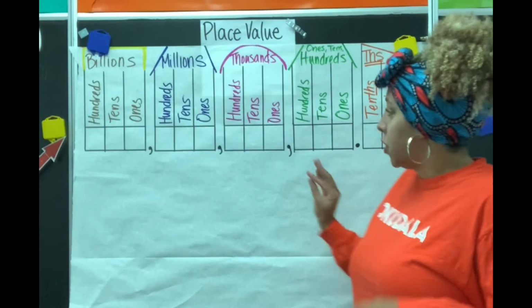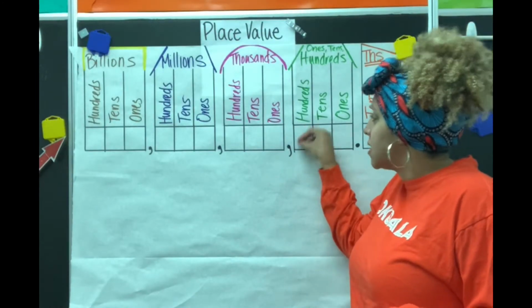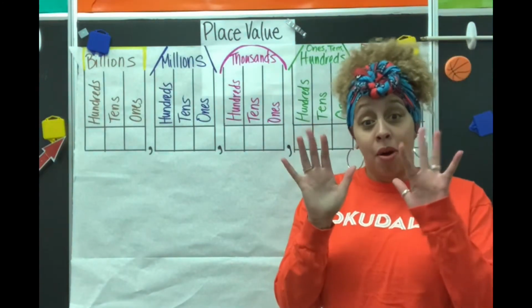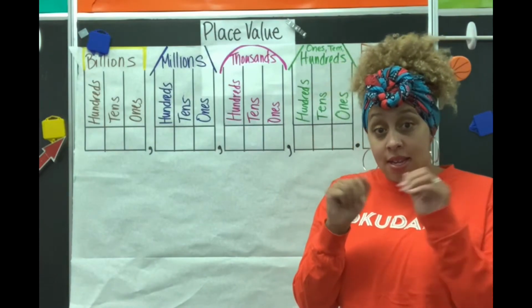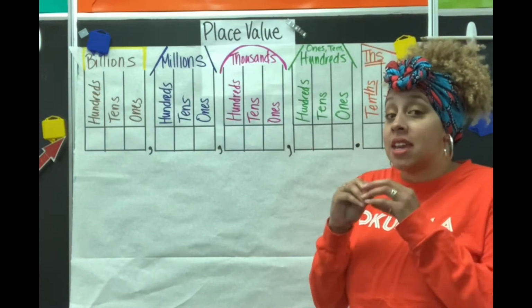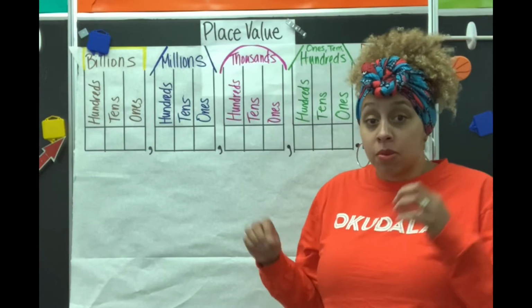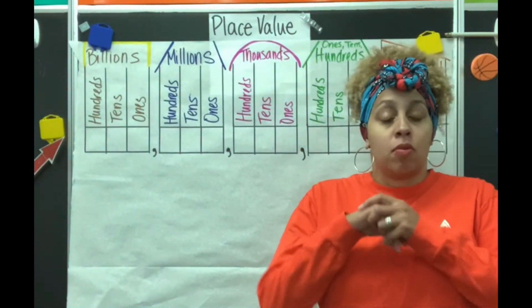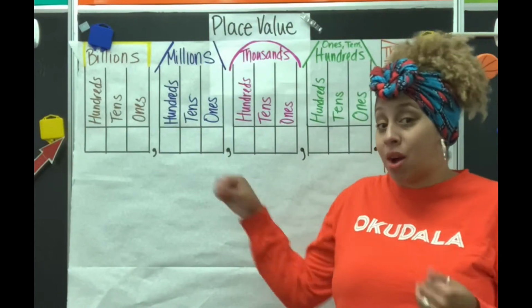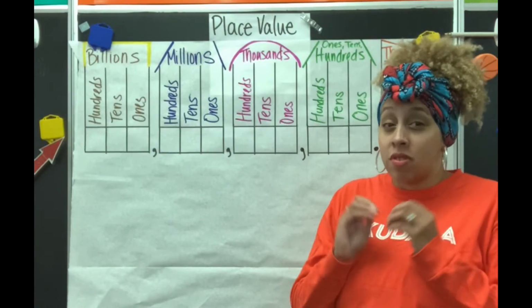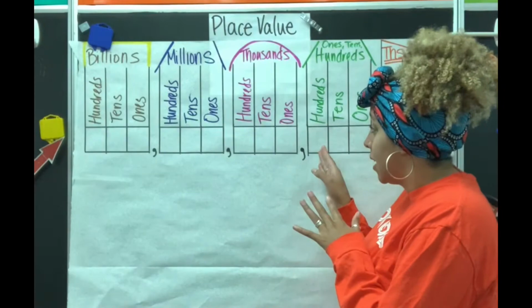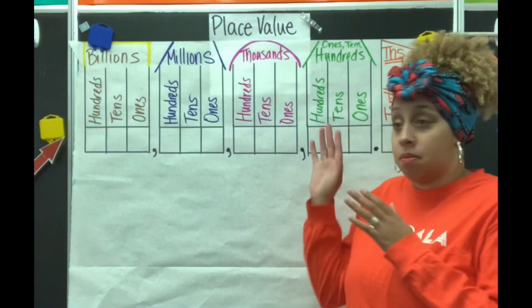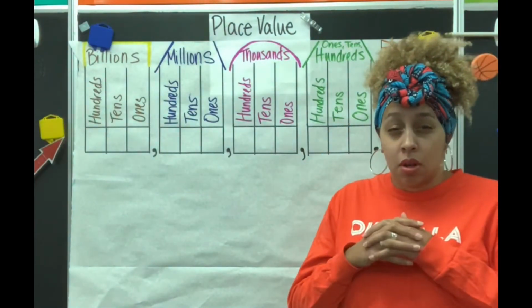So now that you've reviewed how much it takes to get to each place value, and it is how much? 10, because we are working in base 10. Our number system is base 10, so we're always going to be working in groups of 10. We're always trying to get groups of 10 because that's how we move along. You cannot have more than 10 in each place value, okay?